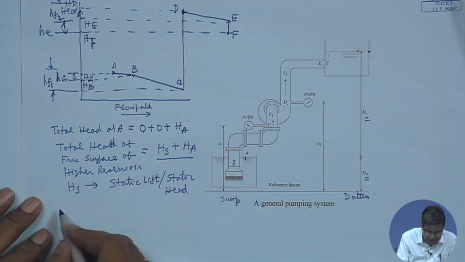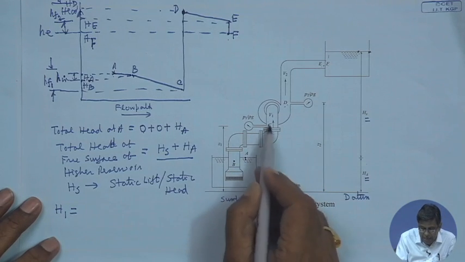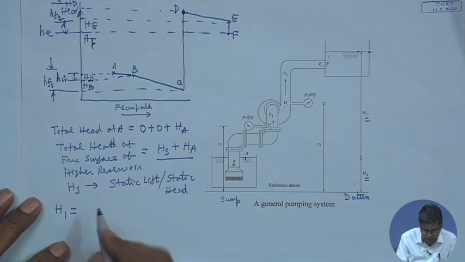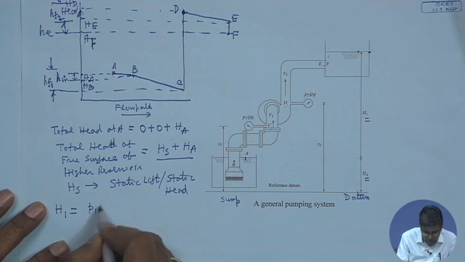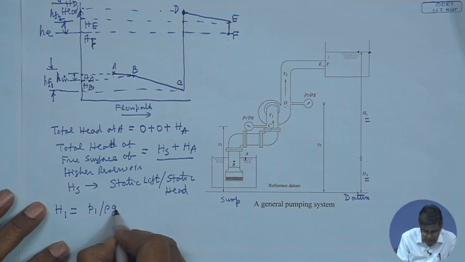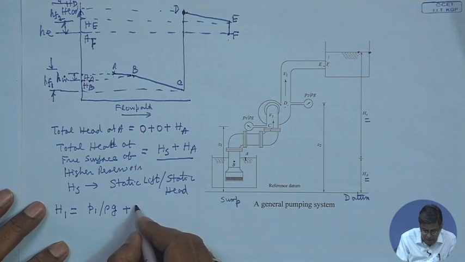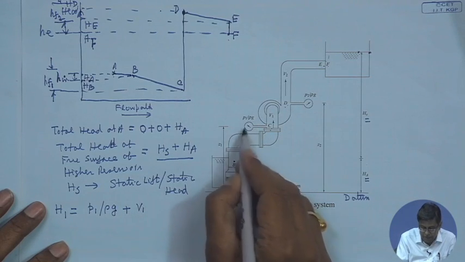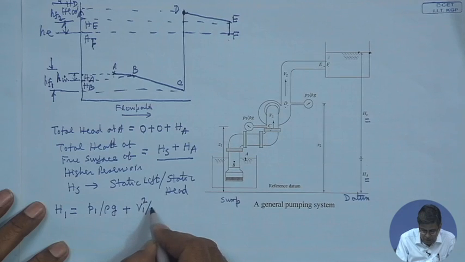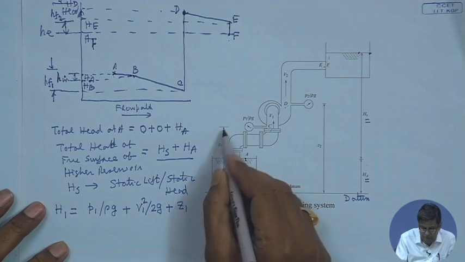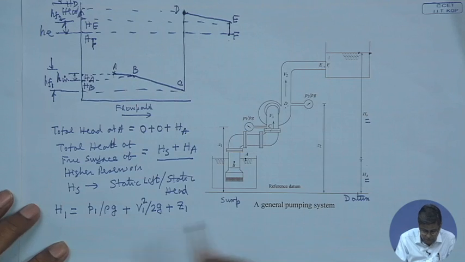Now, if we designate H 1 as the head at inlet to the pump, this is what? P 1 by rho g, the pressure head, where P 1 is the pressure above the atmosphere at inlet, which can be read by a pressure gauge, plus V1 square by 2G plus Z1, that is the potential head.